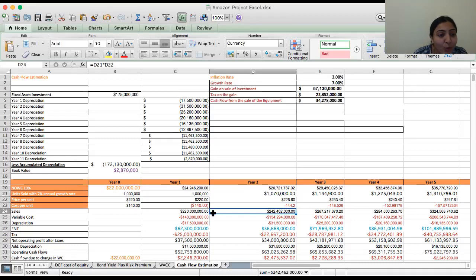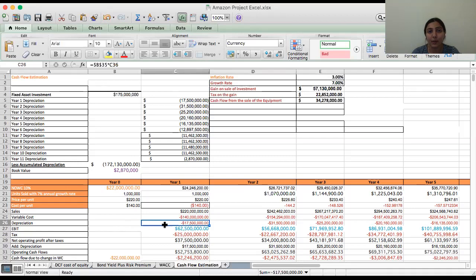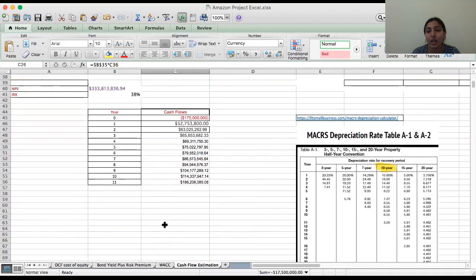And now, moving on to the variable cost. In order to find the variable cost, units sold multiplied by the cost per unit. You will get the variable cost. And now the important thing is depreciation. In order to find the depreciation rates, I have used the MACRS depreciation rate table, as my instructor particularly told me to use the 10-year.